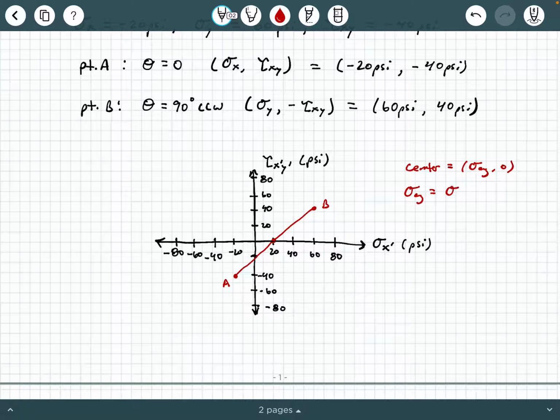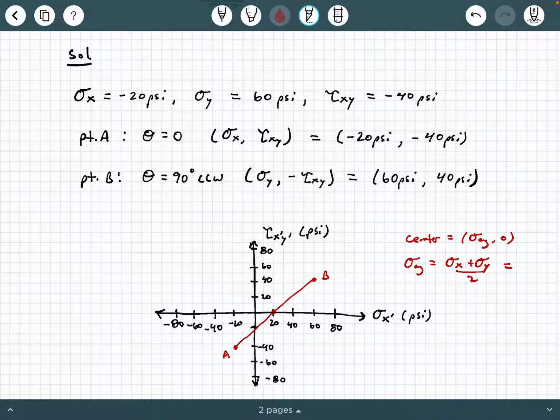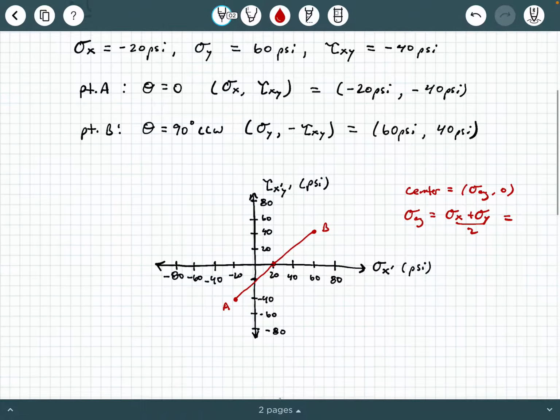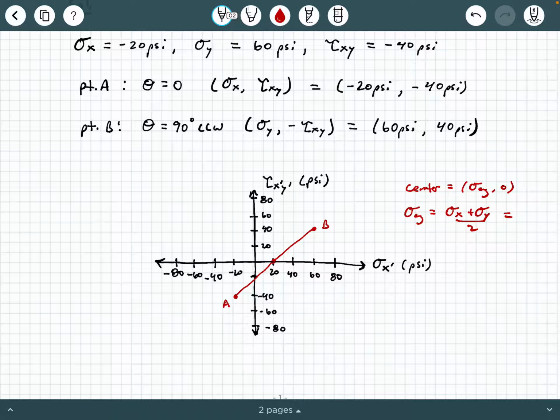Well, that's just going to be sigma x plus sigma y over 2. And so substituting in, and again, that sigma x has a negative associated with it, negative 20 psi. When you crank this through, you do get, in fact, 20 psi positive. Okay, so there's our center.